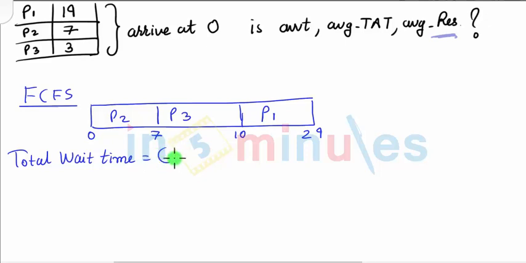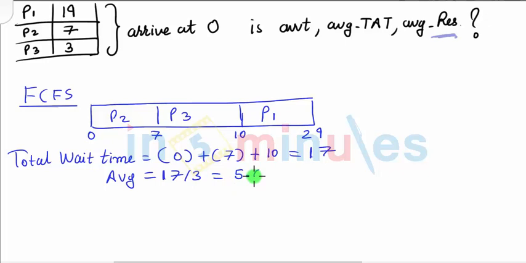Considering all arrived at 0, P2 waits for 0, P3, which arrived at 0, started at 7, and P1, which also arrived at 0, starts at 10. So the total waiting time would be 17, and the average would be 17 by 3, which is 5.67.